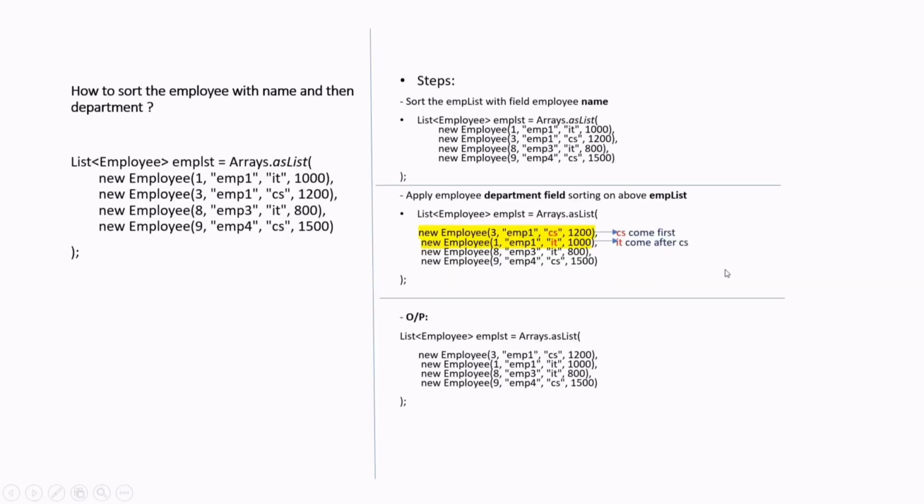So here you need to understand, guys. If multiple employees have the same name, then only department field sorting will have importance, otherwise it will be the same result.